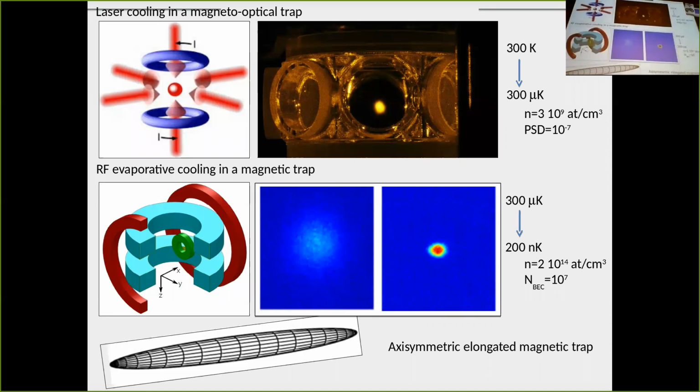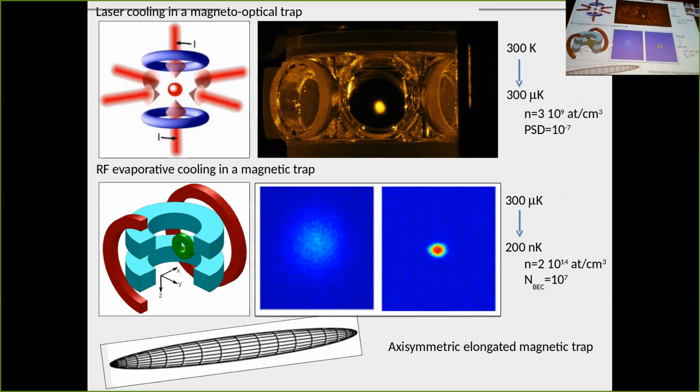So the platform is an atomic BEC. In particular, we are working with sodium atoms. We are using the general recipe that is very popular nowadays in cold gas laboratories. Typically, we start with a magneto-optical trap, which allows us to collect a few billion atoms at a relatively low temperature, but still not sufficient to access the quantum degenerate regime.